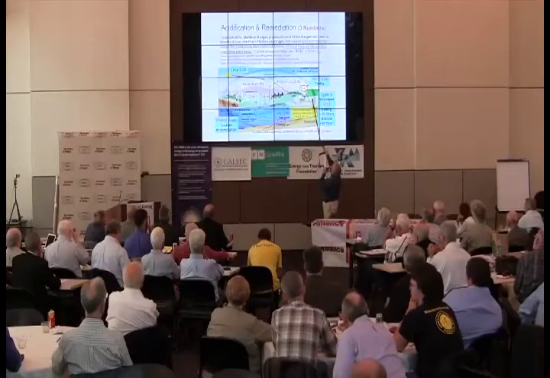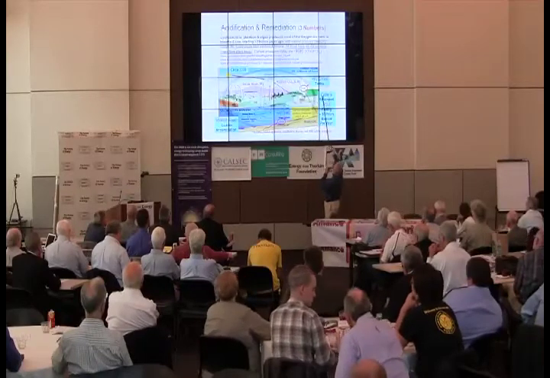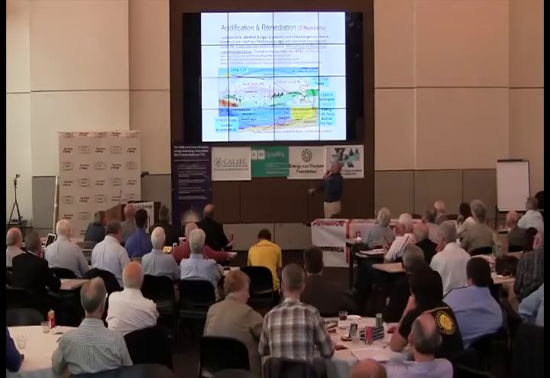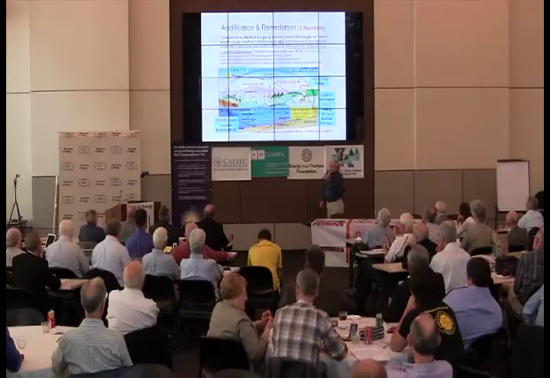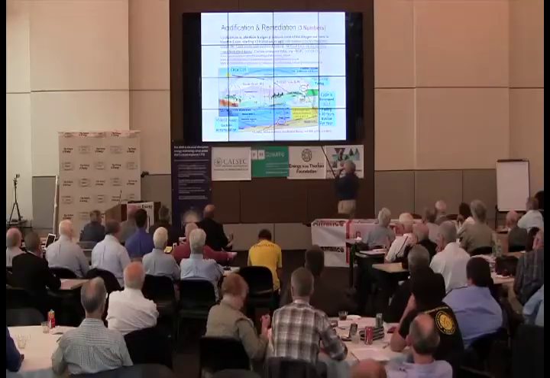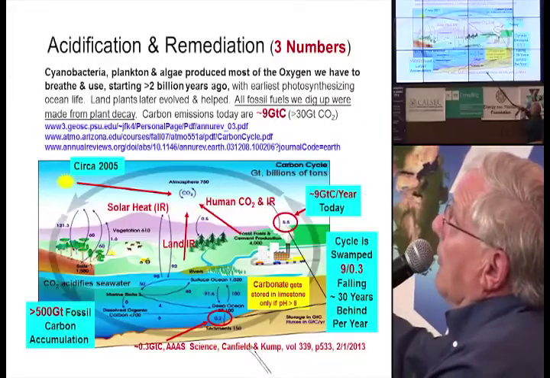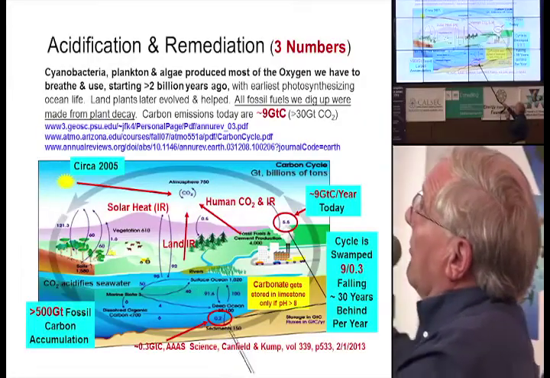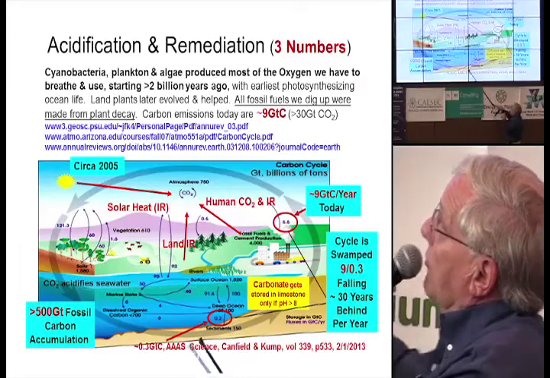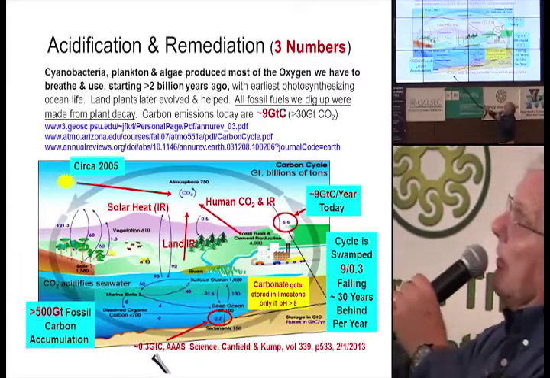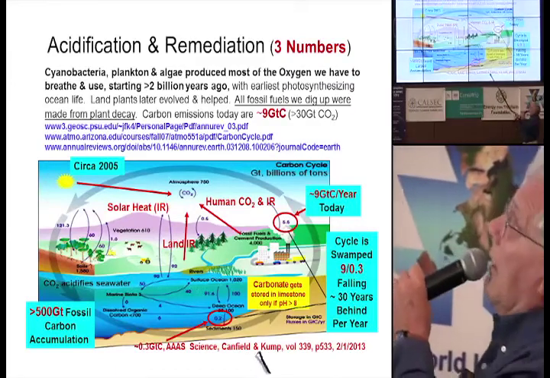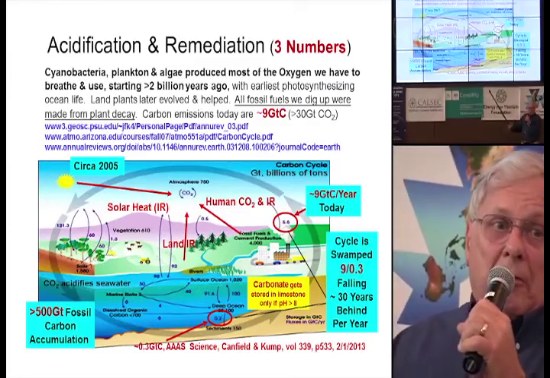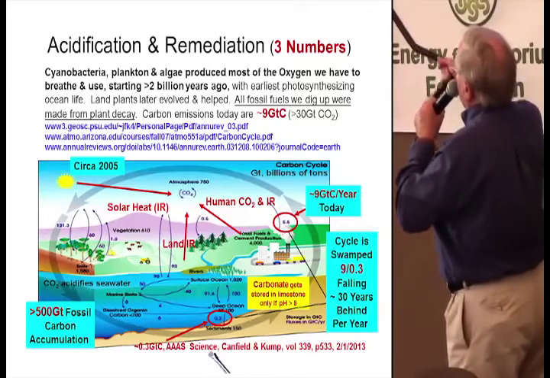Our problem lies in the fact that we emit 9 gigatons of carbon, 3 times that as carbon dioxide, per year today. And we've been doing that for quite a few years. The carbon cycle that sequesters to limestone in the bottom of the seafloor can only sequester about 300 million tons. That's 30 times less than we emit today per year.